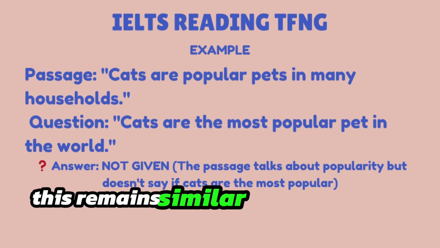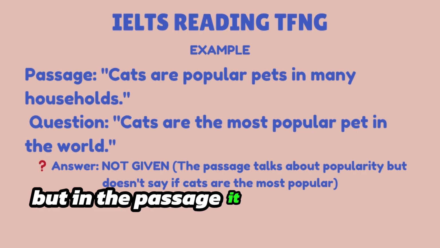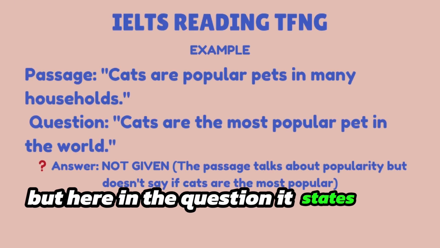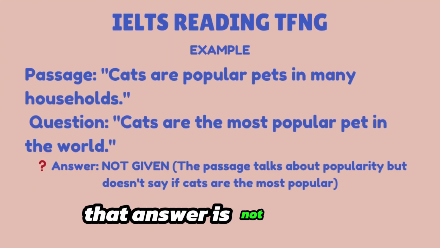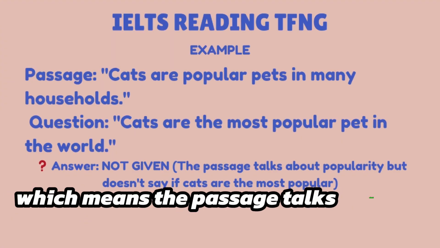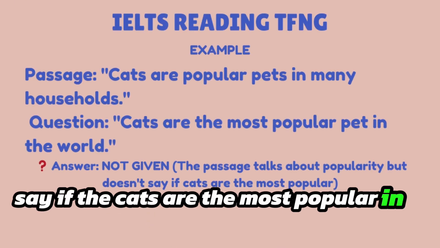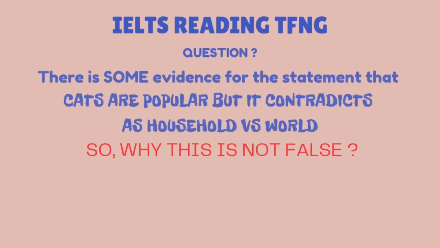This remains similar in both, but the passage says in many households, while the question states in the world. So here comes the difference. The answer is not given, which means the passage talks about the popularity but doesn't say if cats are the most popular in the world. This information is not given in the passage at all.